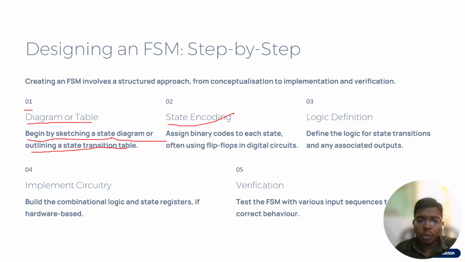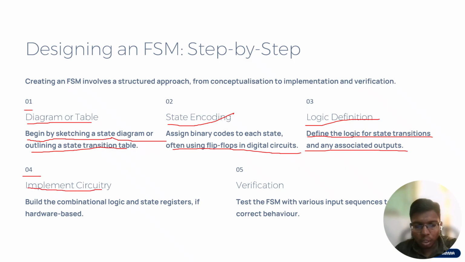And second step, state encoding: assigning binary codes to each state, often using flip-flops in digital circuits. Third step, logic definition: define the logic for state transitions and any associated outputs. Fourth step, implement the circuitry: build the combinational logic and the state registers, if hardware based, meaning you have to implement a hardware-based circuit.